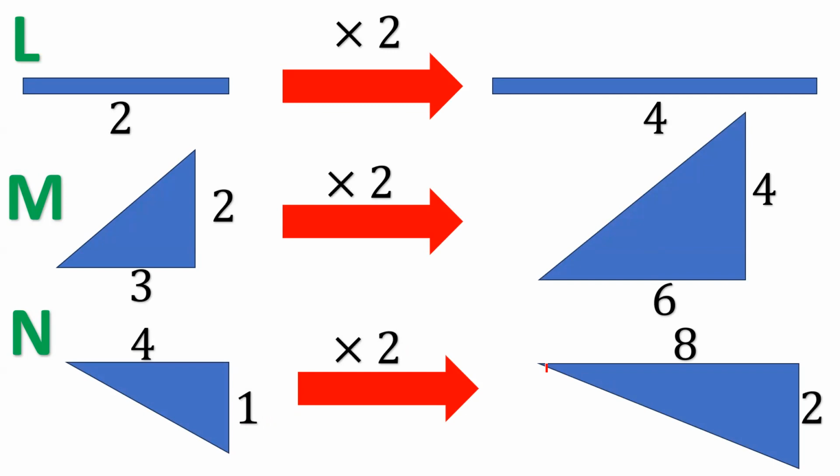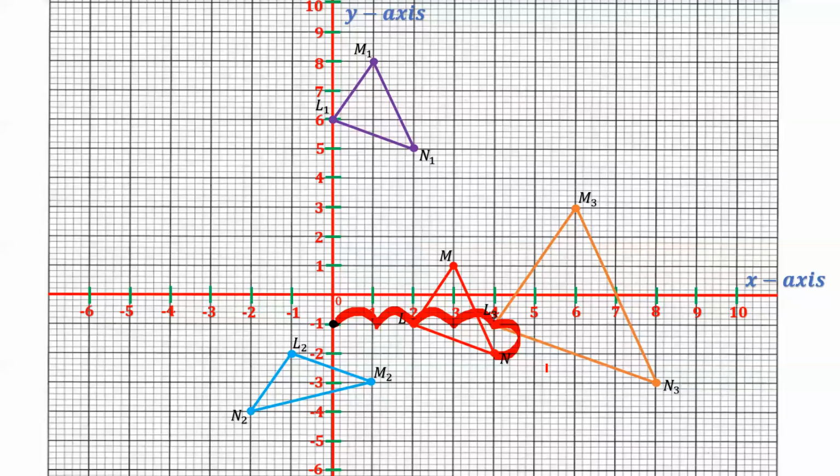And so it's going to be 8 units across and 2 units down. And so what that means is that N3 is going to be 1, 2, 3, 4, 5, 6, 7, 8, and 2 units down, 1, 2. And that's why N3 is right there.